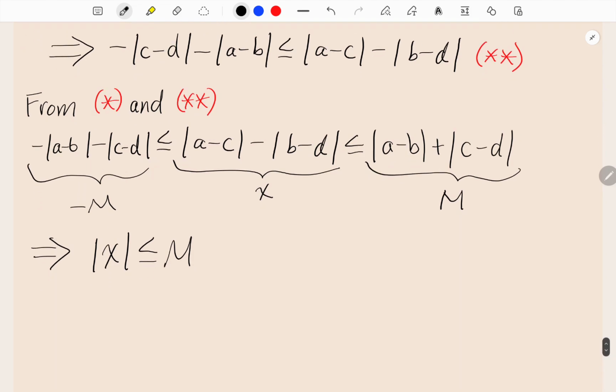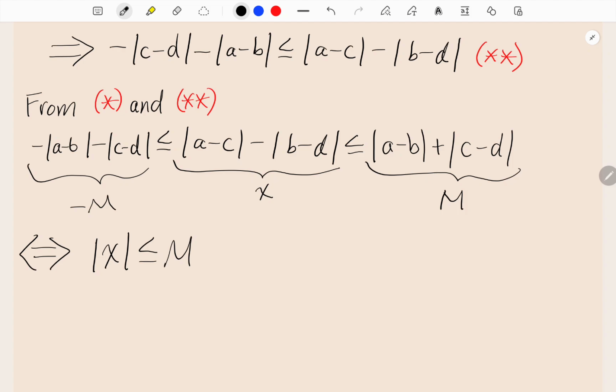Two directions, to be honest, because if the absolute value of x is less than or equal to m, then x is sandwiched between negative m and positive m, where m itself is non-negative. m is greater than or equal to 0, and negative m is less than or equal to 0.